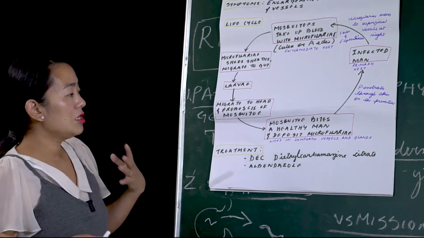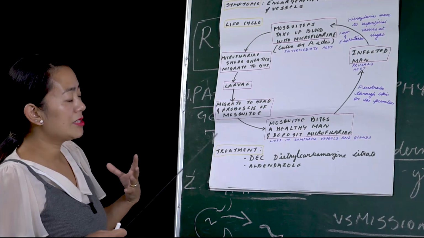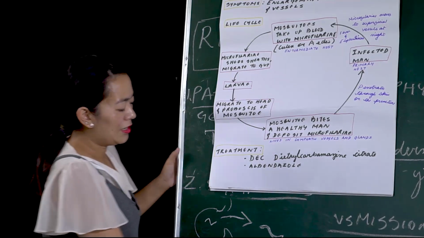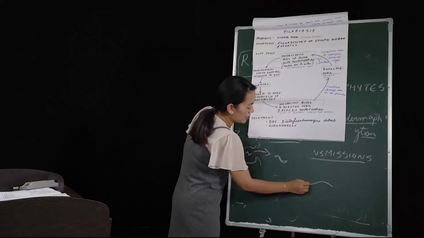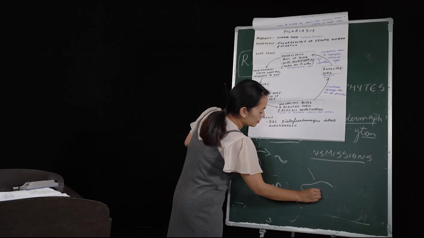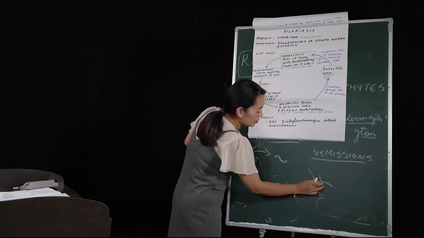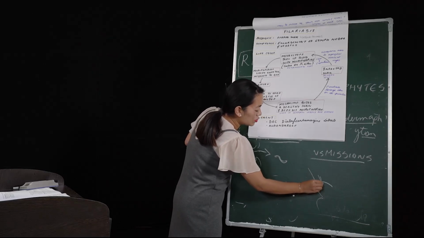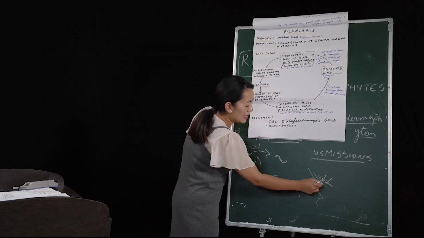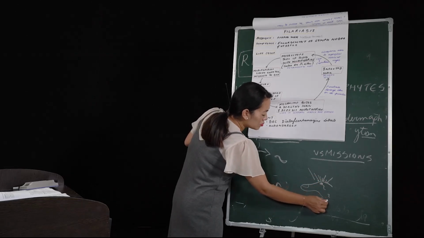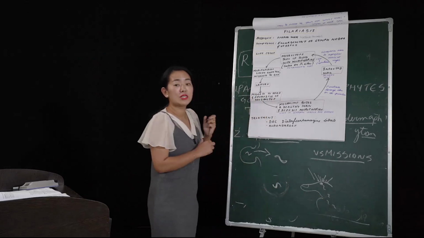These symptoms are shown when, let's say, a mosquito bites the hands of a human being. Obviously there will be ruptures, right? In these ruptures, the microfilaria will be deposited, and the worms themselves will go and travel to the lymph nodes.